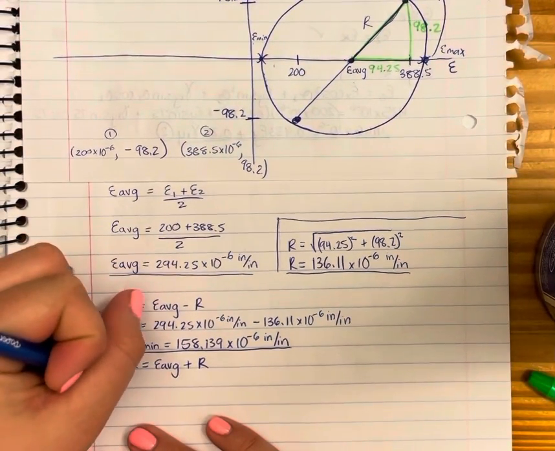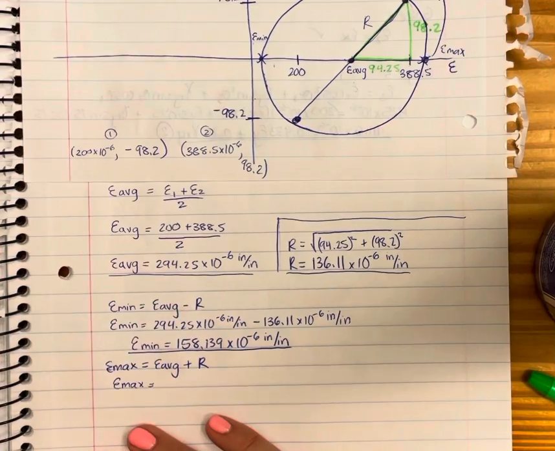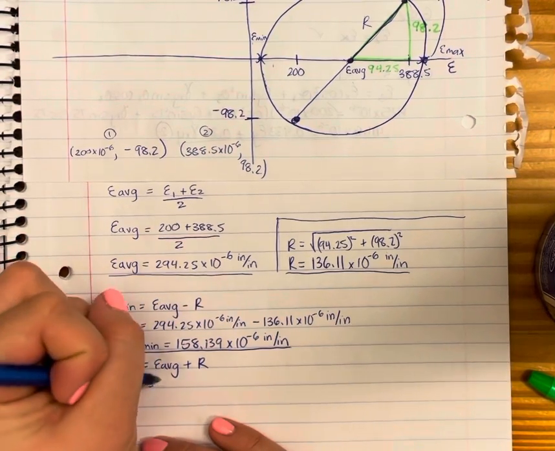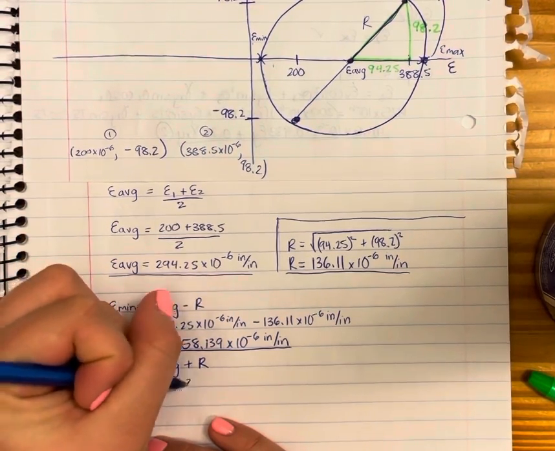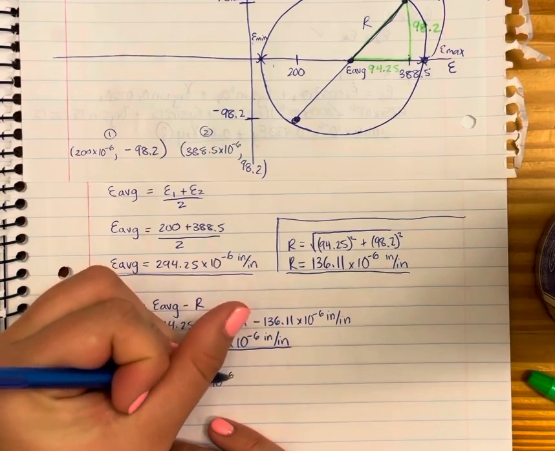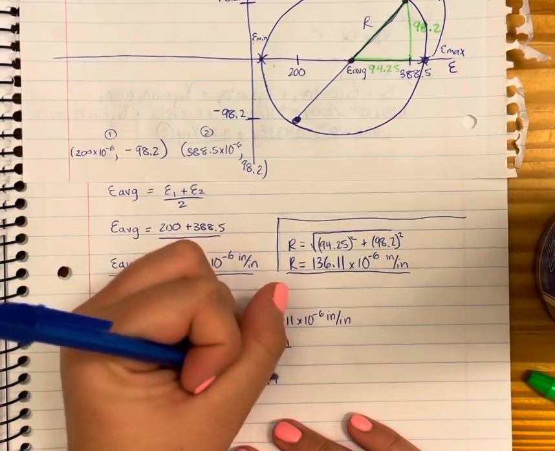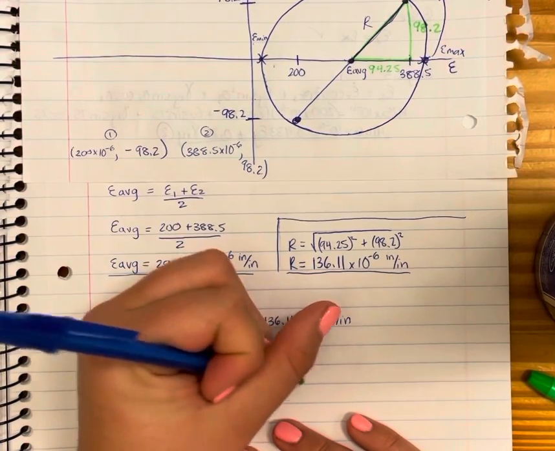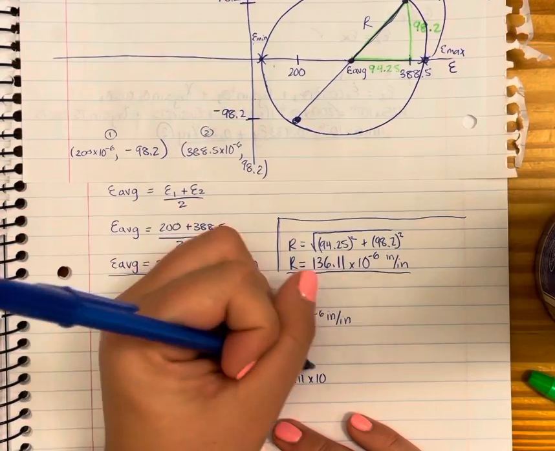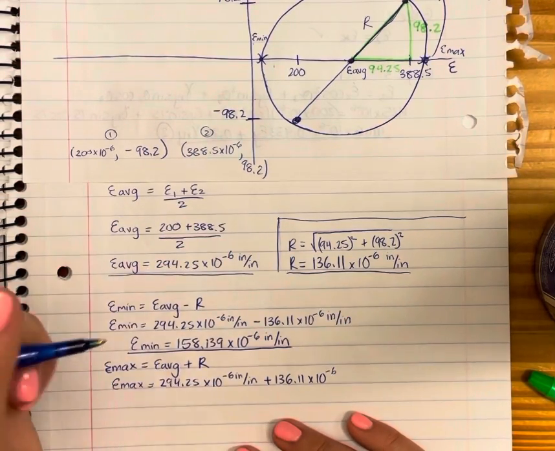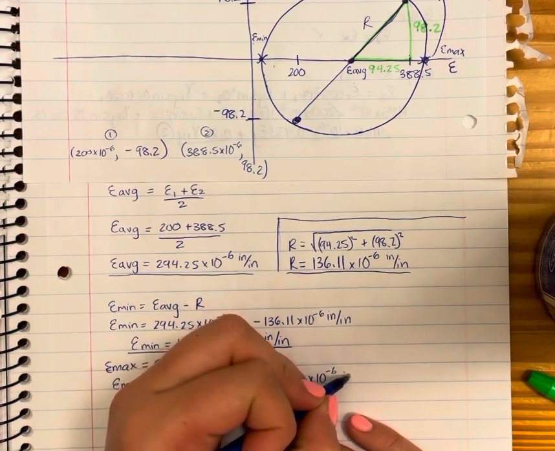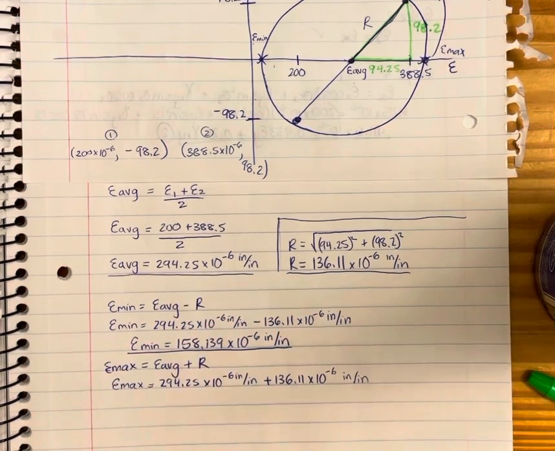So the strain max equals 294.25 times 10 to the negative 6 inches per inches plus 136.11 times 10 to the negative 6 inches per inches.